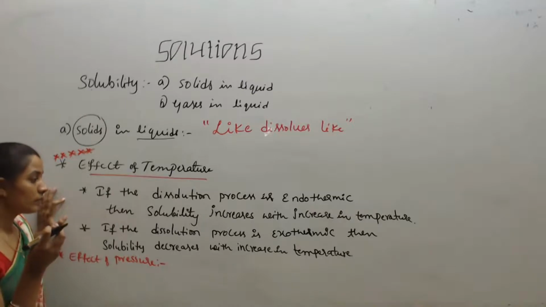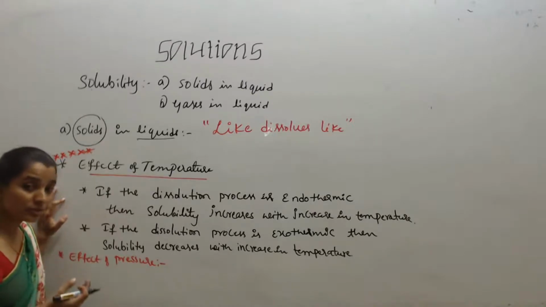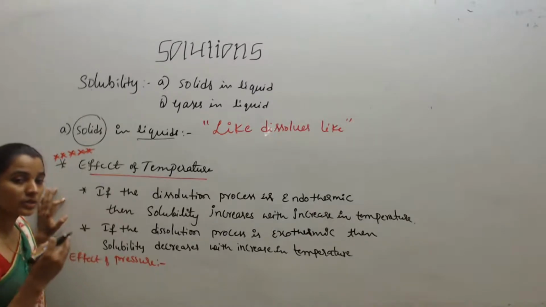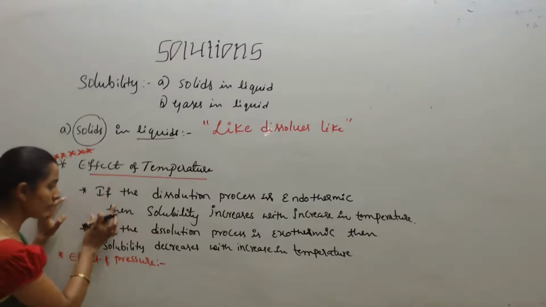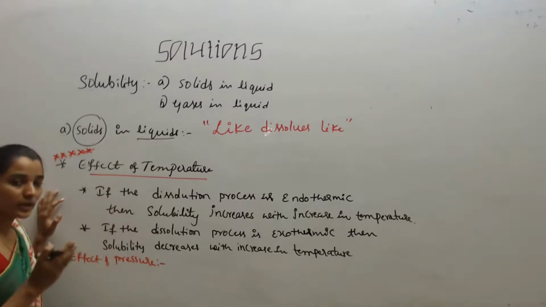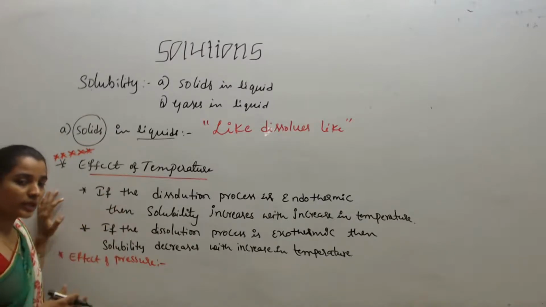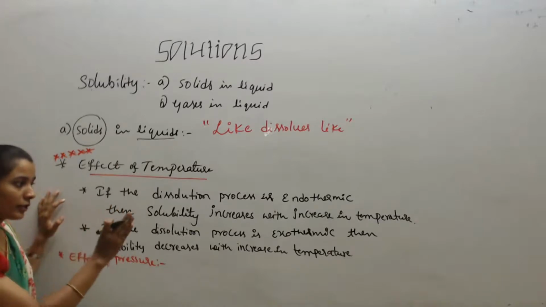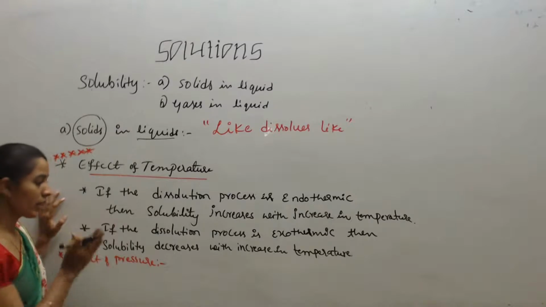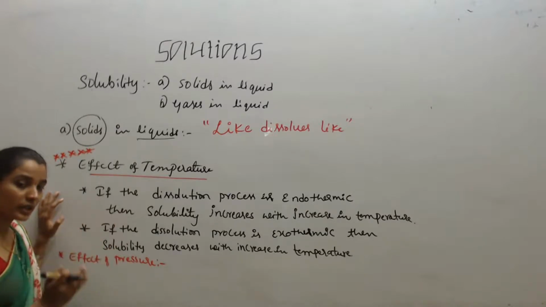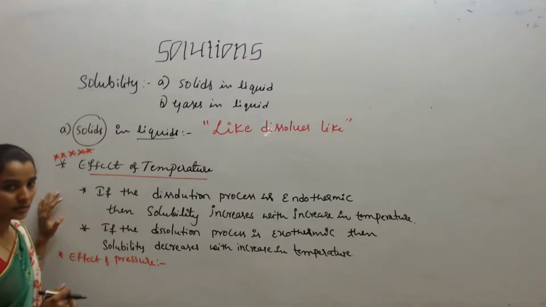If the dissolution process is exothermic, what happens to the solubility if the temperature increases? They often ask this, so you have to remember this condition. Endothermic means solubility increases with rising temperature. Exothermic means solubility decreases with rising temperature.